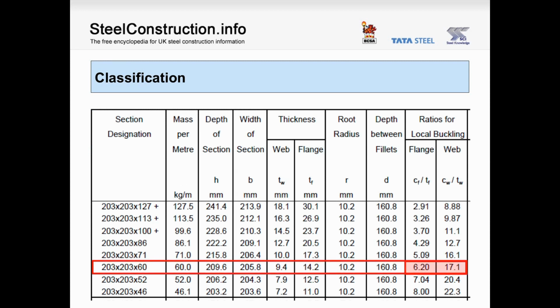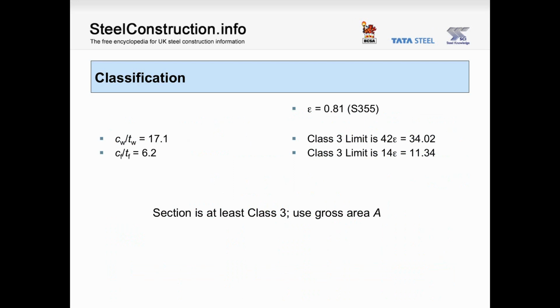For our selected member, we have the ratios for local buckling for the flange 6.2 and for the web 17.1. For the web, the class 3 limit is 42 epsilon, which is 34. Our actual is only 17, so the web is certainly at least class 3. For the flange, the class 3 limit is 14 epsilon, which is 11.3.